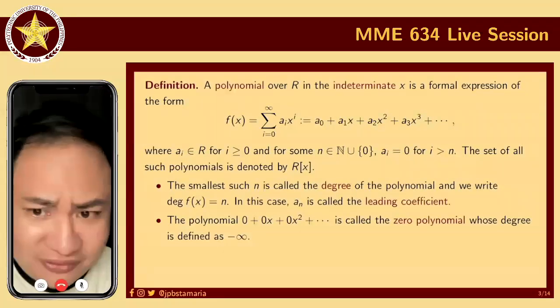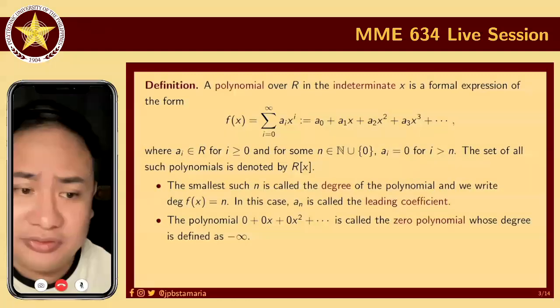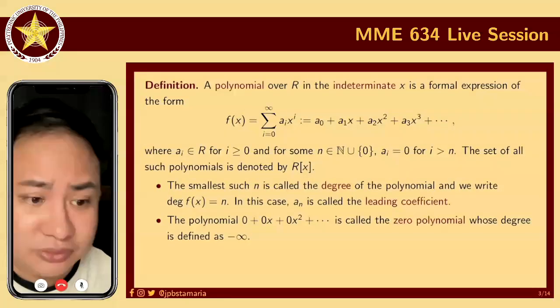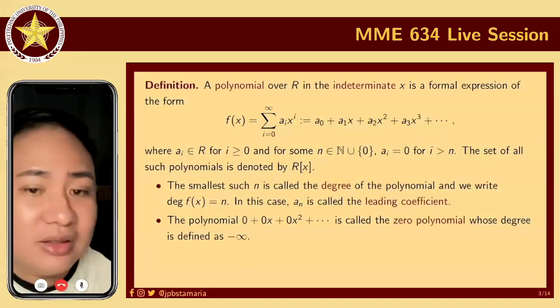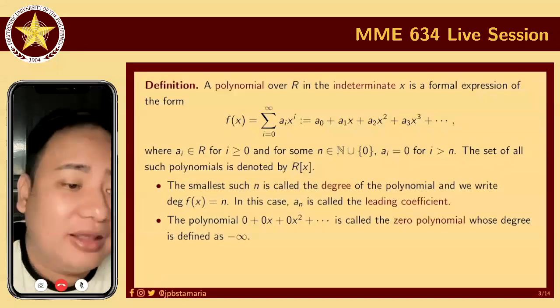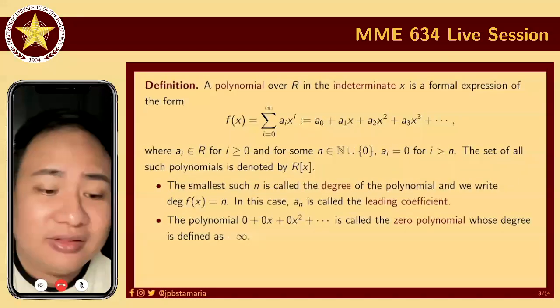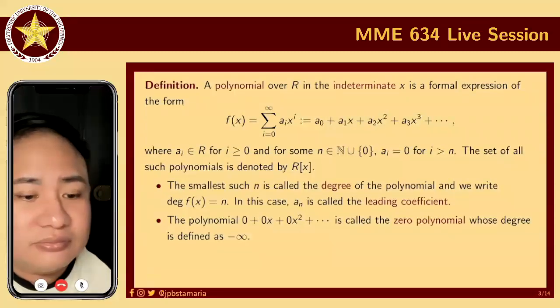Paano nyo dinidefine ang degree ng zero polynomial sa high school? I don't know how you do this, actually. Wag nyo tignan yung definition ko. I wanted to know paano nyo... I'm curious kasi I haven't taught high school students before. Anybody?